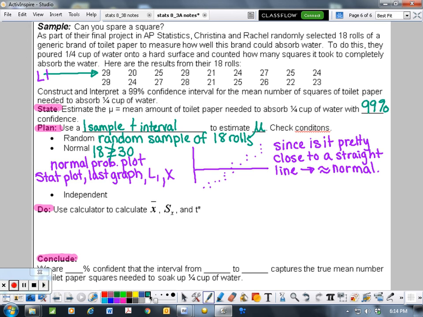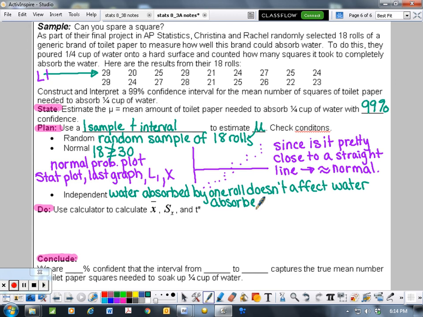So water absorbed by one roll does not affect water absorbed by another roll. So these are independent in nature.